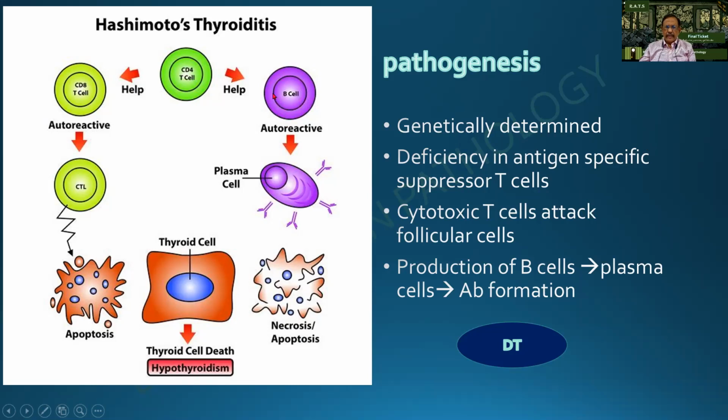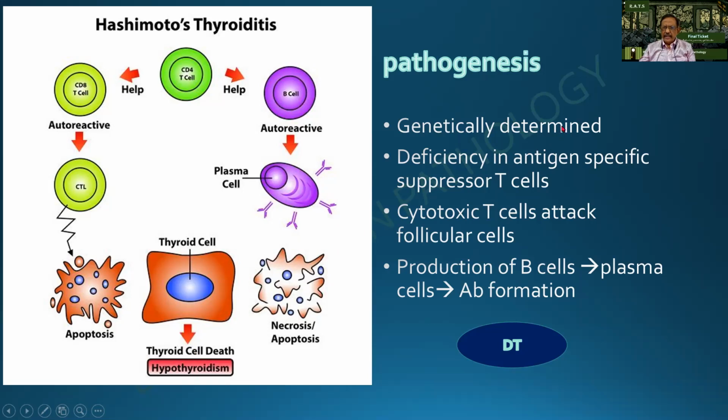At the other end, I have got the T helper cells which produce the B cells. B cells are the precursors of the plasma cells, and plasma cells are the cells that produce the antibodies. These again act against specific antigens in the cells leading to necrosis or apoptosis. And finally, you find that there is a thyroid cell death which results in hypothyroidism.